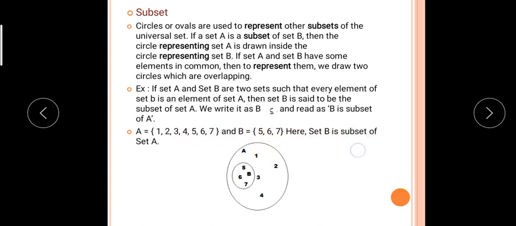Now look at the example. A is equal to {1, 2, 3, 4, 5, 6, 7}, and B has {5, 6, 7}.